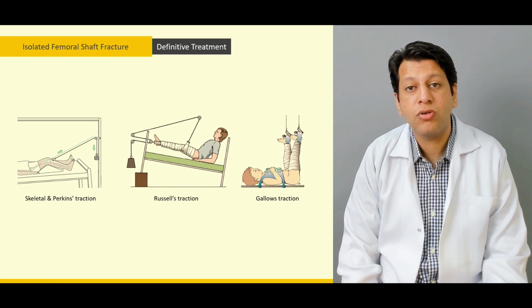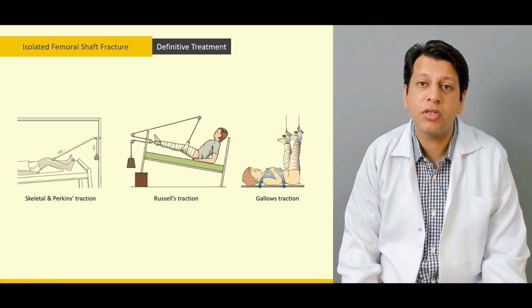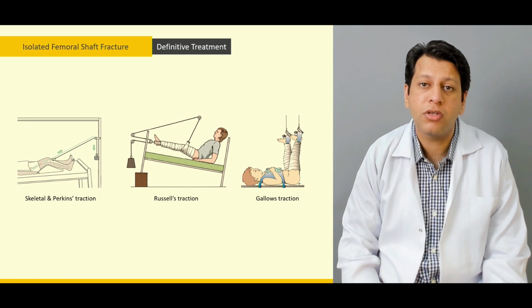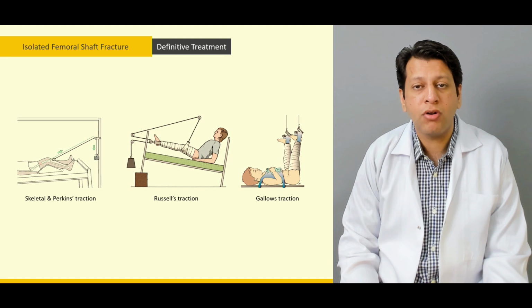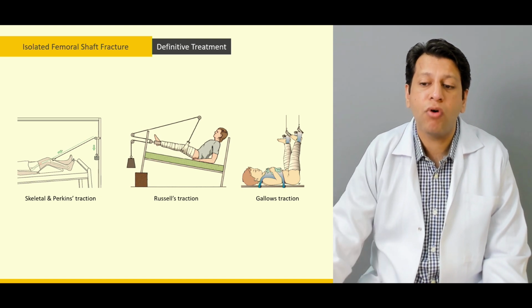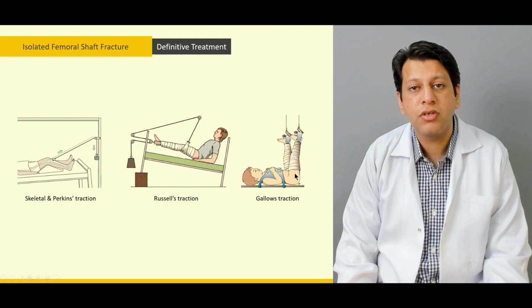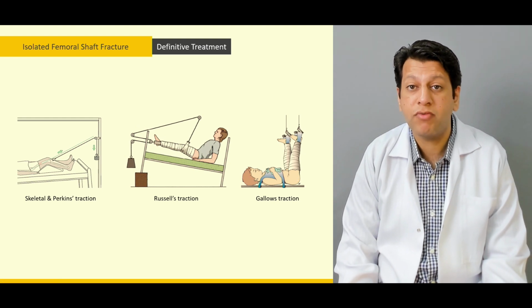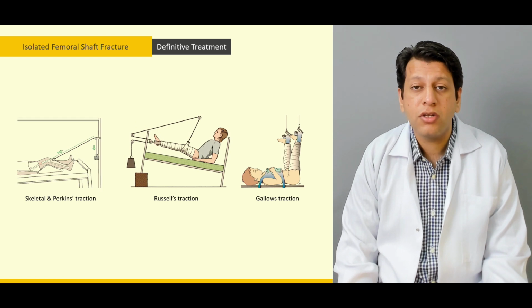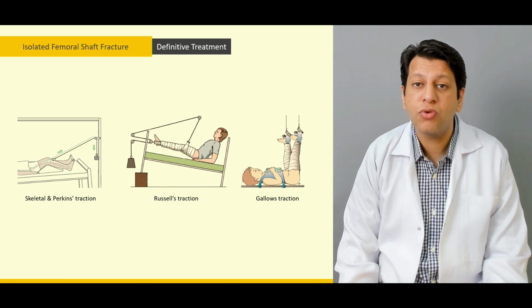This is applied for 2 to 3 weeks, and that has resulted in union of the femur without a lot of malalignment. This is one form of treating children with femur shaft fractures, especially proximal 1/3 femoral shaft fractures in infants, especially children less than 1 year of age.